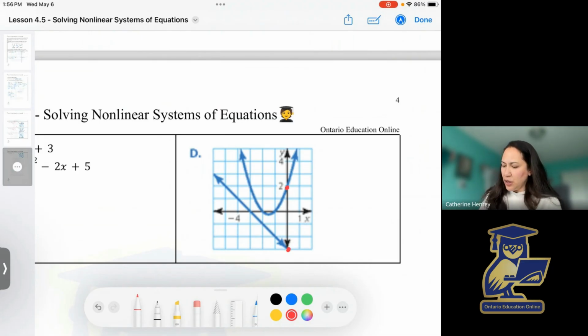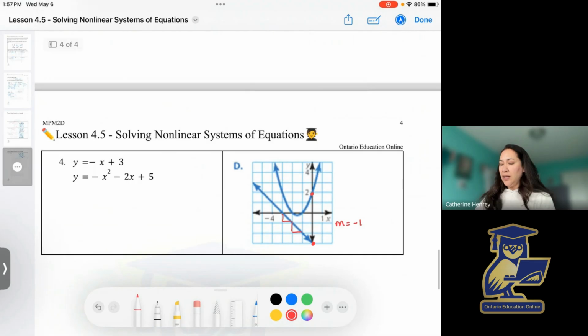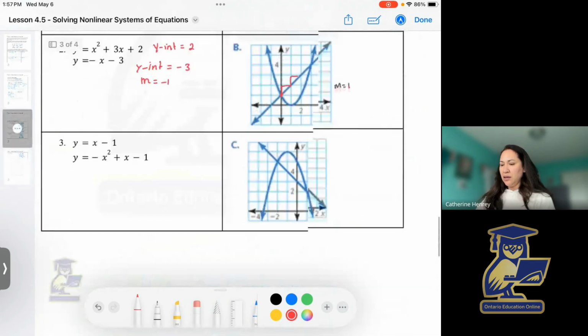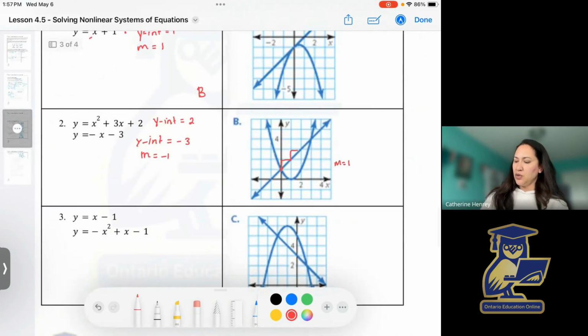And then if we check the slope, down 1 over 1, down 1 over 1, this slope is also -1. This happens to be a system that's not going to have any solutions. You can see that the parabola and the line don't ever cross each other. But anyway, D seems to be the response for number 2.